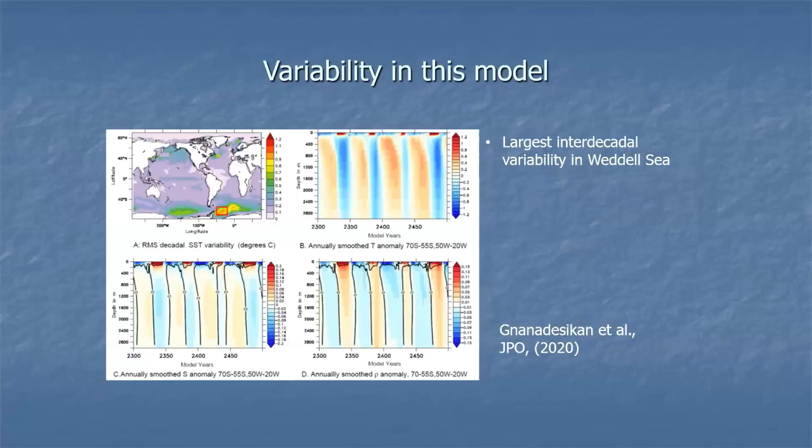So this shows the model. Over here, I took the variability and I smoothed out the interannual variability. I looked at the decadal variability. And if you look at decadal variability, you can see that even on decadal timescales, there is still some variability in the Southern Ocean. But the bulk of variability is then found in high latitudes.